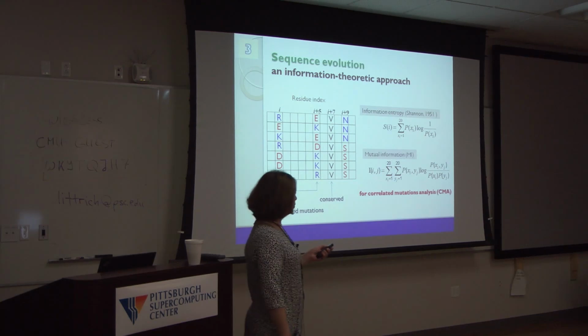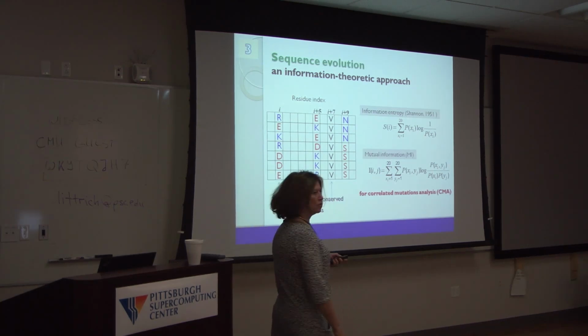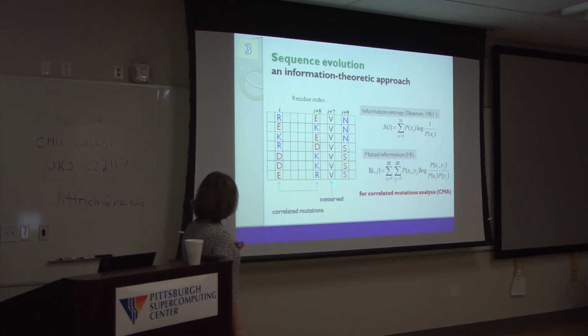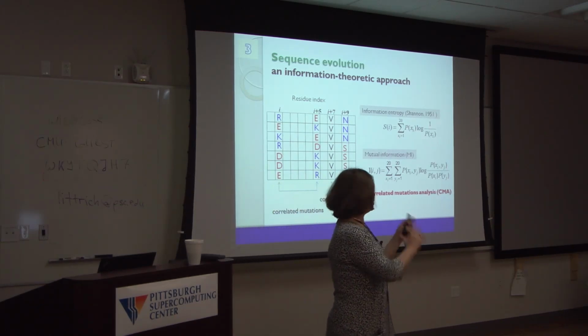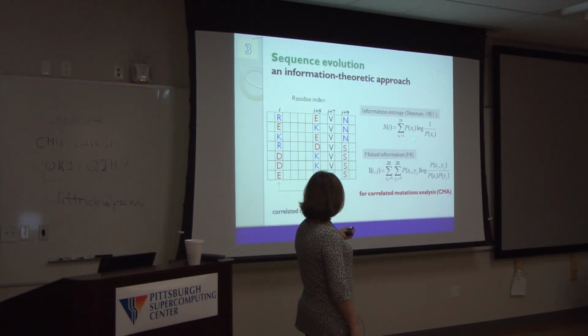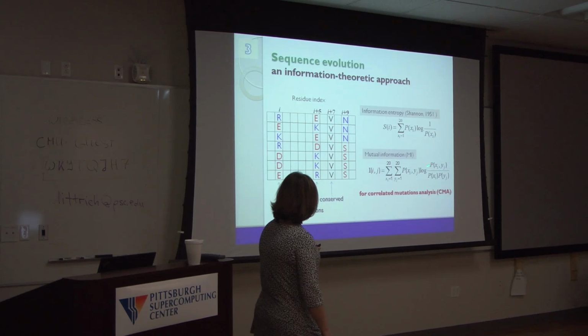Now, we are talking about correlated mutations. This pair, as we have discussed, is correlated. Now, we are doing something else. We are moving from singlet probabilities to doublet, okay, pairs. So what does this quantity mean?